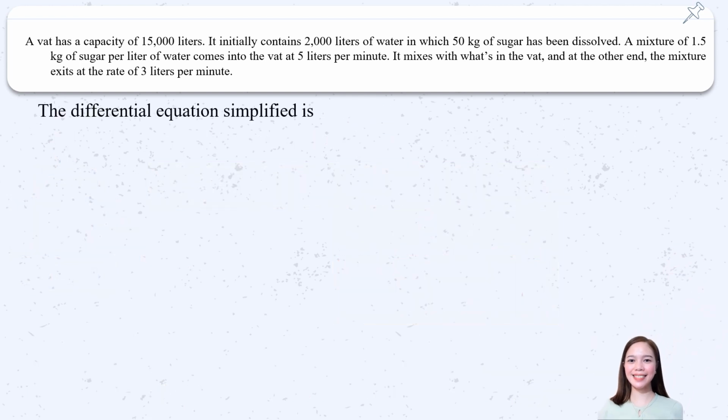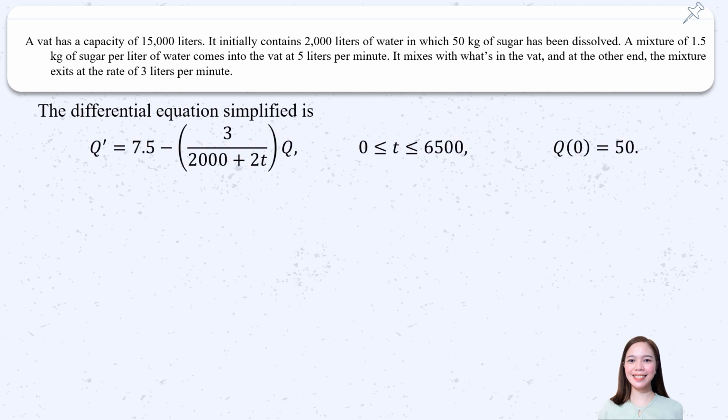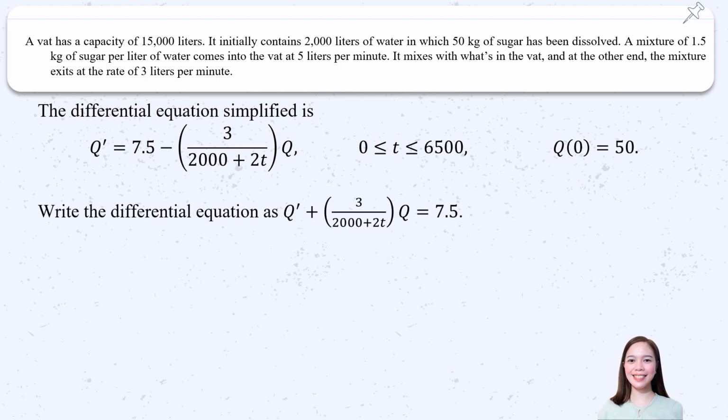Now, simplifying the differential equation, we have here Q' is equal to 7.5 minus 3 over (2000 + 2t) times Q. So we already know that t is greater than or equal to 0 but less than or equal to 6,500, and our Q(0) is equal to 50. So we have to write the differential equation as Q' plus 3 over (2000 + 2t) times Q, which is equal to 7.5.